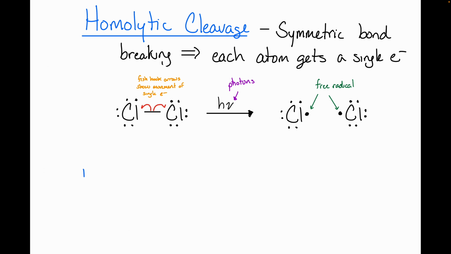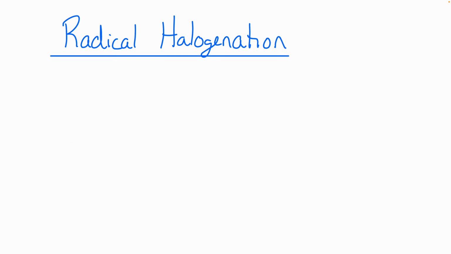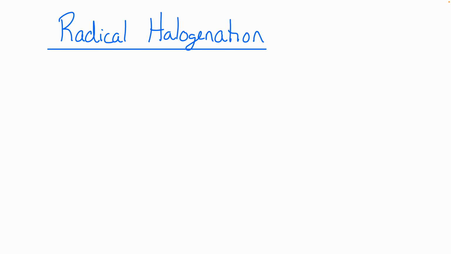Okay, cool. So then our radical halogenation here is going to take advantage of these chlorine radicals, or of these halogen radicals here. And what we're going to do, our substrate here.